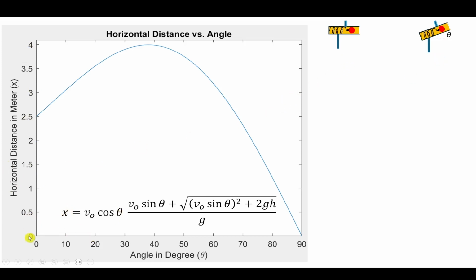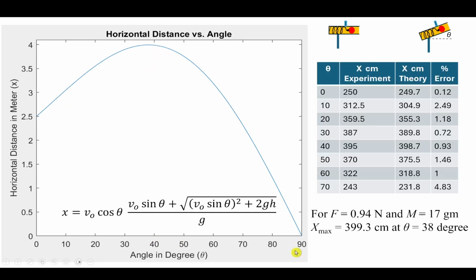So when theta is 0, the distance traveled is around 2.5 meters or 250 centimeters. As the angle theta increases to 10, the distance traveled is even more. When the angle is 20, the distance traveled is 3.5. As theta increases from 0 to 40, the distance traveled in the horizontal direction increases all the way almost to 4. Then when theta gets larger than 40, the distance traveled gets smaller and smaller.